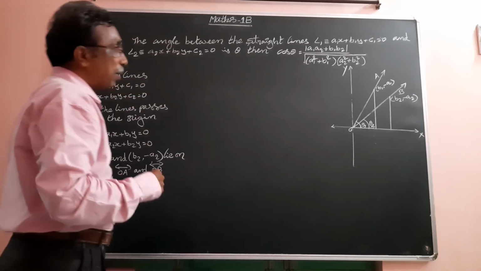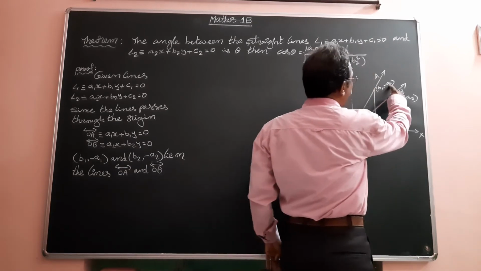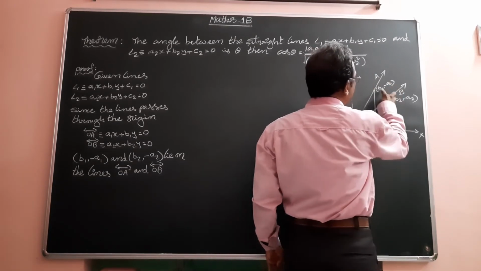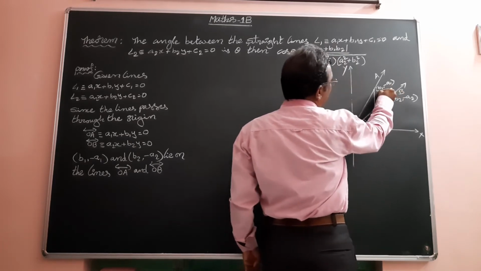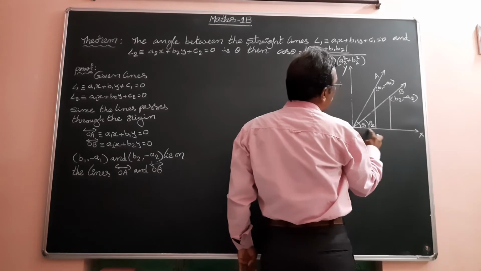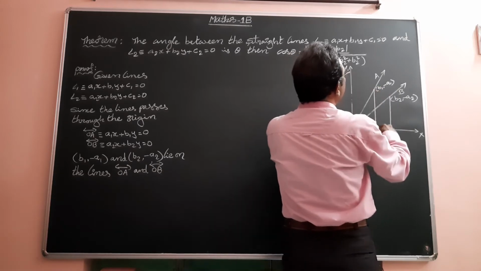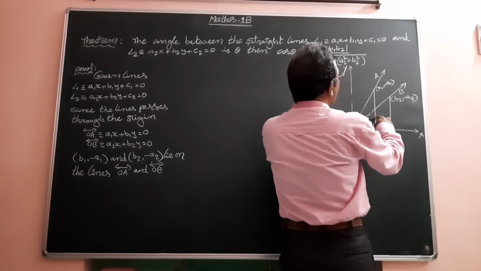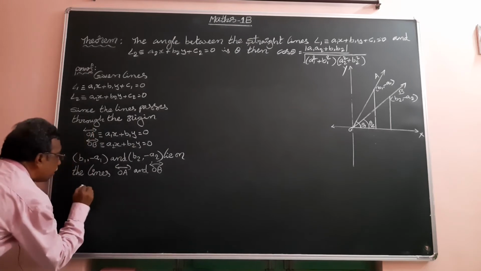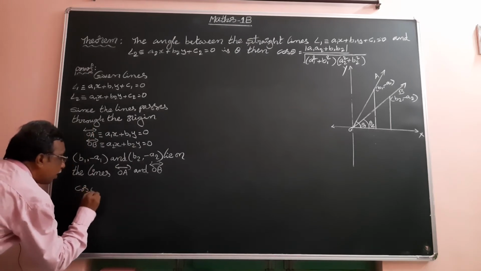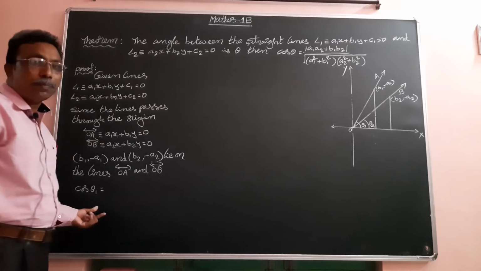Now we find out the first figure. This one is B1 minus A1. B1 minus A1 means this is the x ordinate, this is the y ordinate. The x how many units? O to this distance B1. Next, this distance is minus A1. So now we write cos theta 1 equal to, what is the cos theta formula?